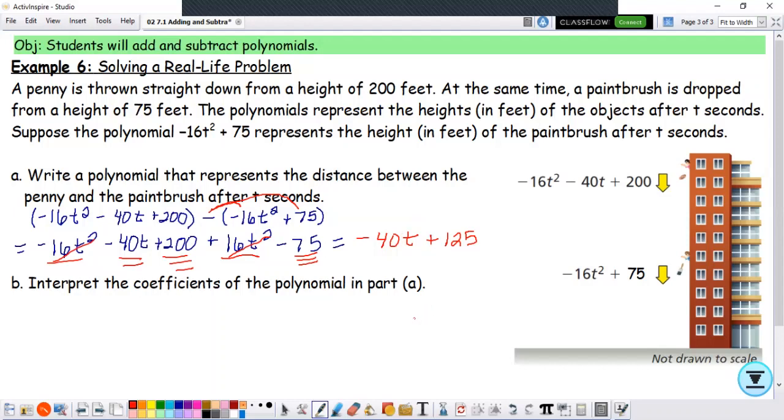So now we need to interpret the coefficients of this polynomial. If I want to interpret what the 125 means, we need to consider, well, if t is 0. So when we first drop our objects, that would mean this 125 is the distance between the objects when they first drop the penny and the paintbrush.